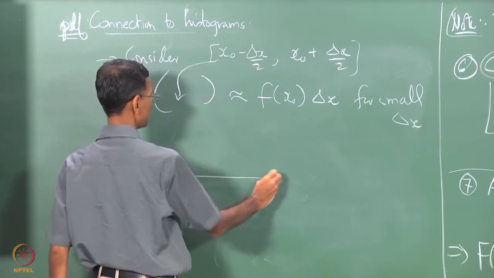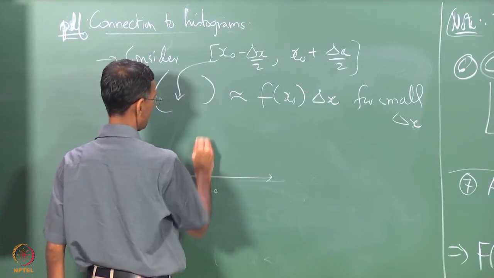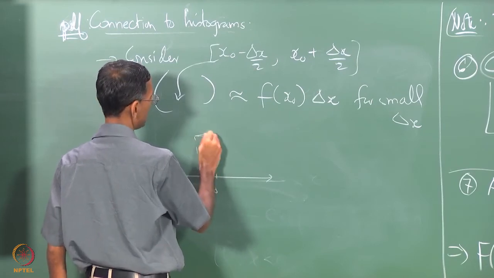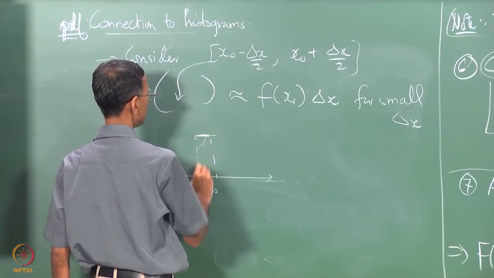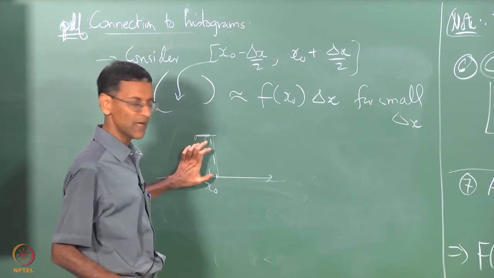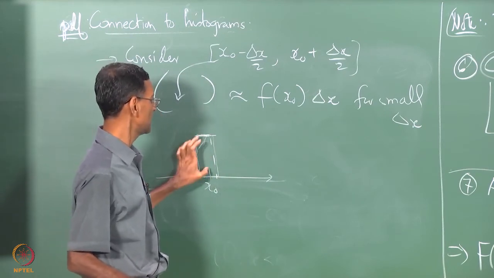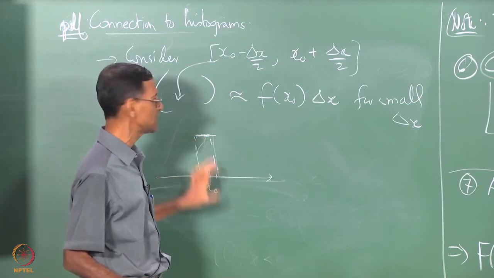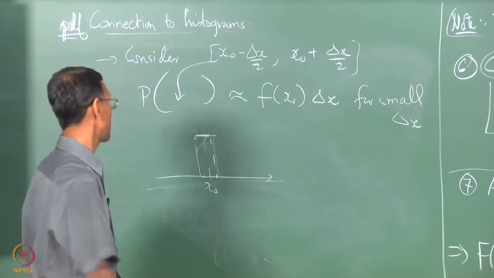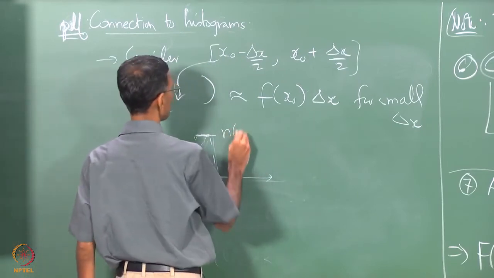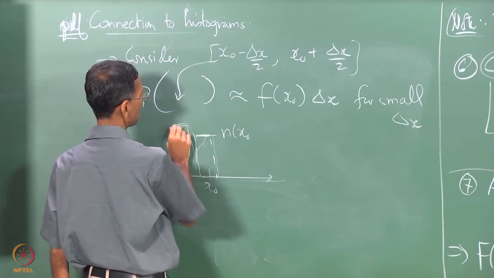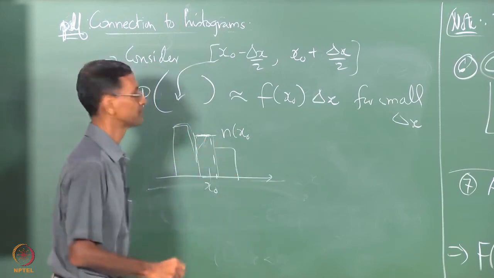If I plot this x naught and run the experiment many times, assume that this interval occurs some n of x naught times. So this would be a histogram that you could have drawn of the experiment.